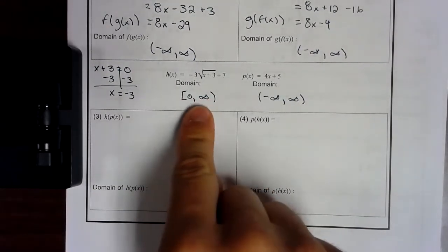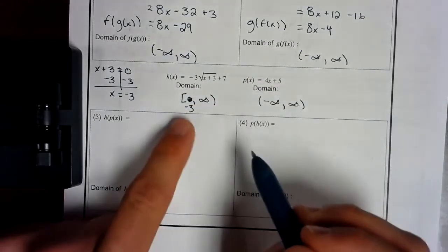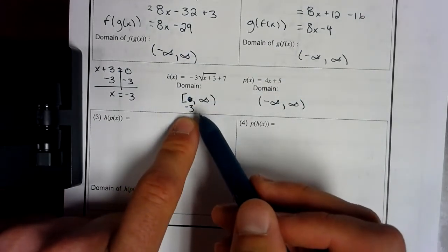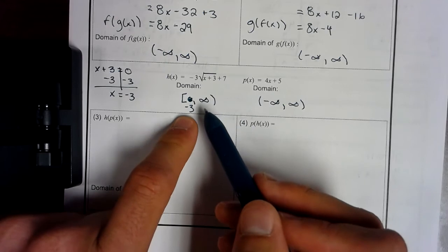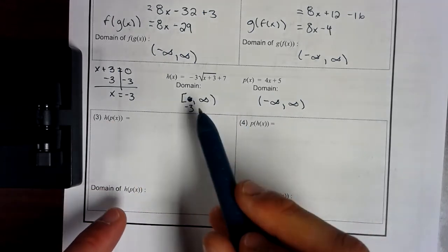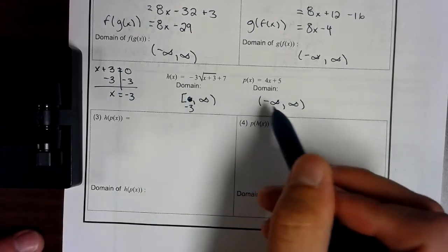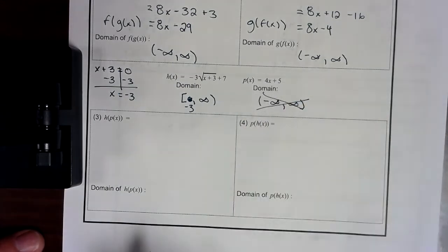Oops, not 0. Let's fix that, negative 3. Because we're saying that the domain of this function is negative 3 to infinity, for any new function we create that involves h of x, these are the only numbers of x we can use. So basically, we can pretend that the other domain doesn't matter.